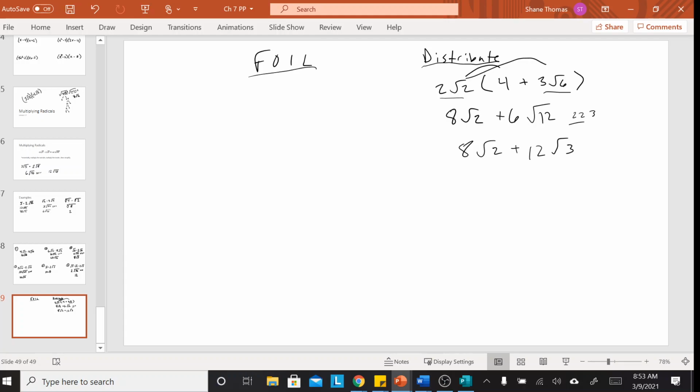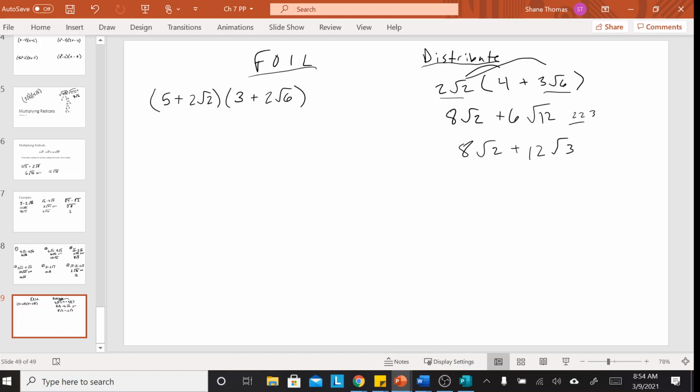All right, now a FOIL, I might have 5 plus 2 root 2 times 3 plus 2 root 6. Okay, now what's FOIL stand for again? First, outside, inside, last. Good.